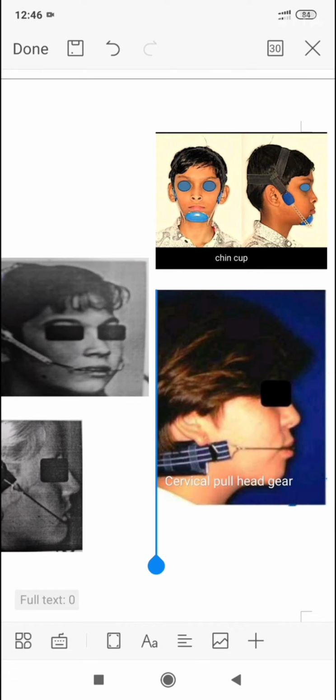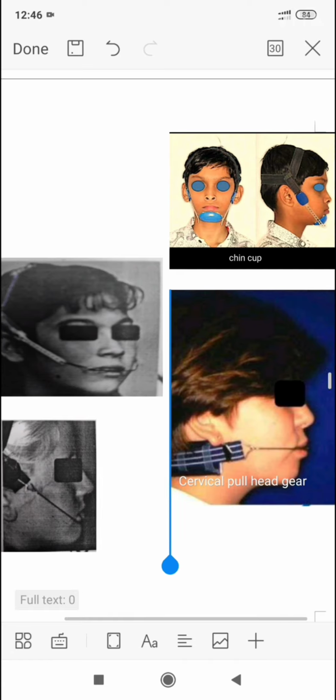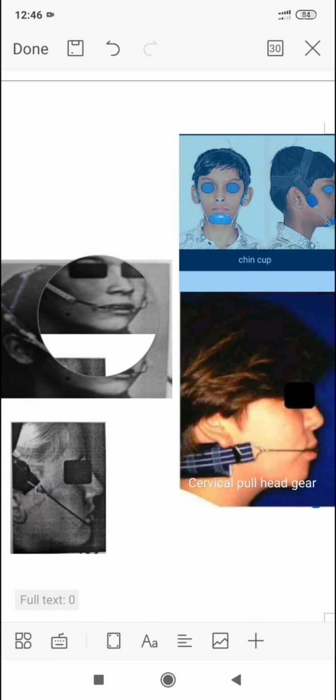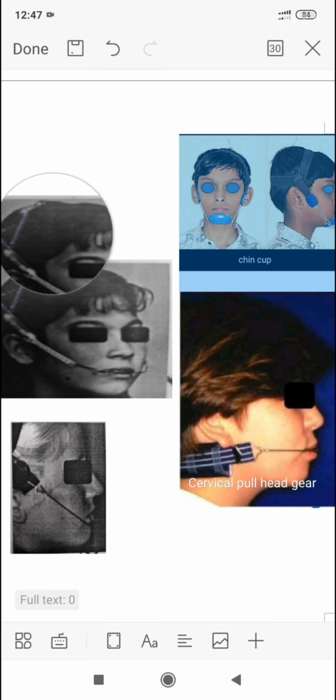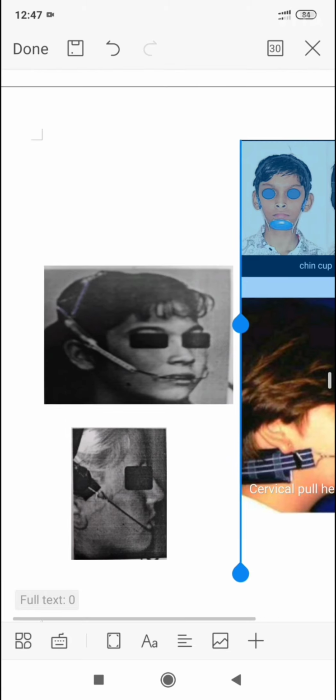In general, headgears are used to distalize the maxilla, so distal force is there. In case of high pull headgear, force is distal and superior.